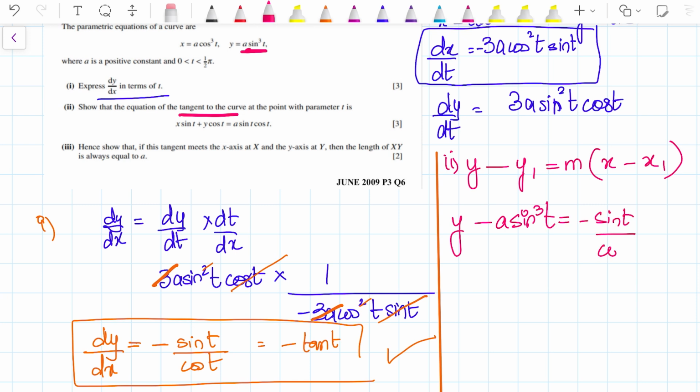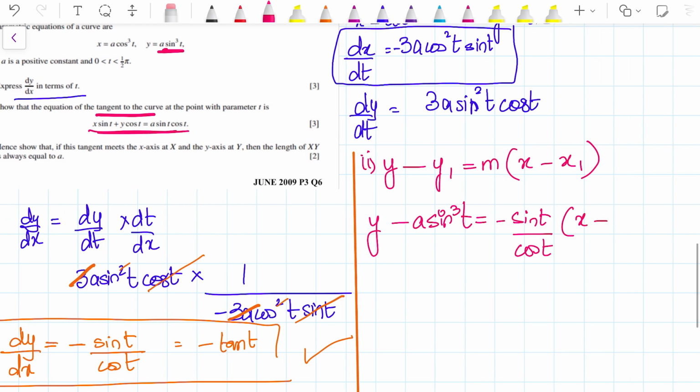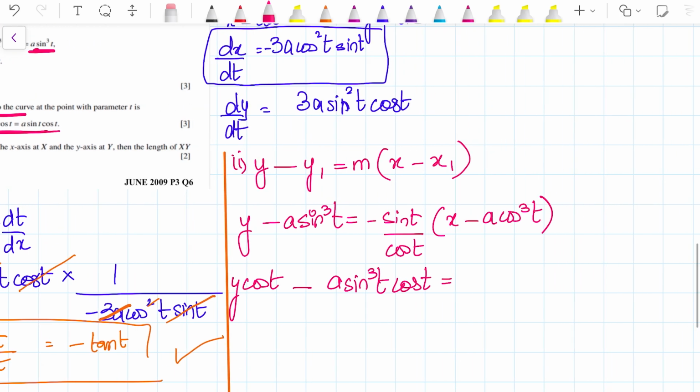I'm not writing tan t because we need the entire expression in terms of sine and cos. Cos t y minus a sine cube t cos t equals minus x sine t plus a sine t cos cube t.